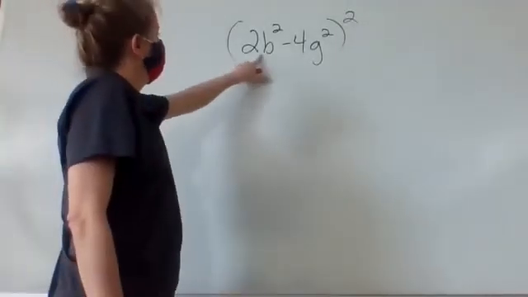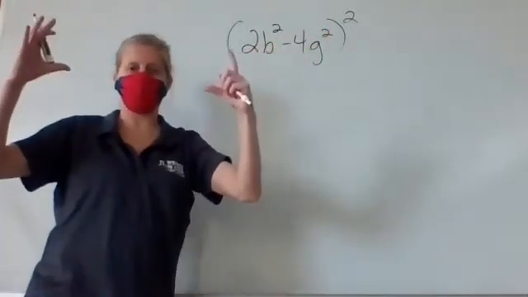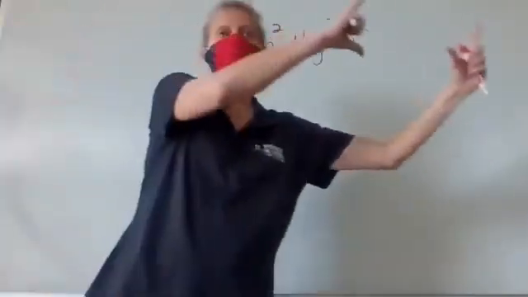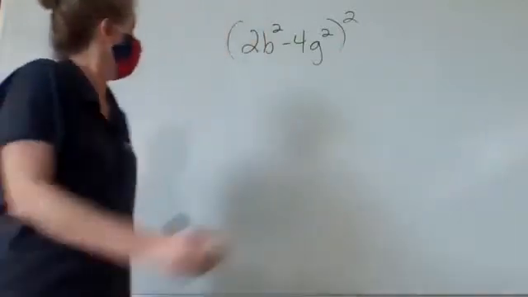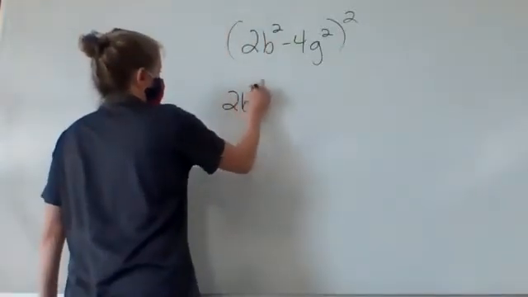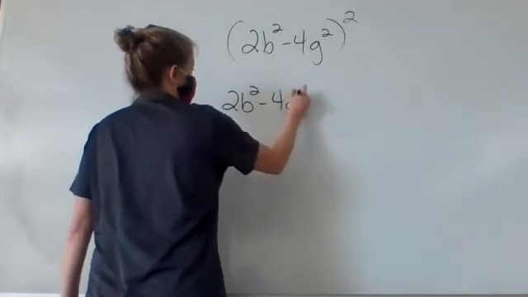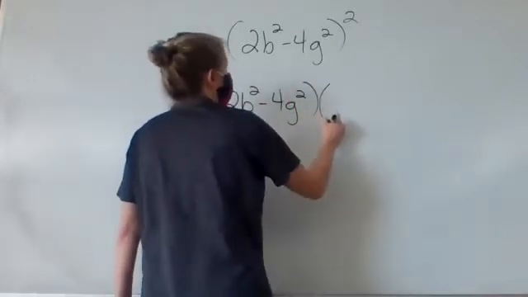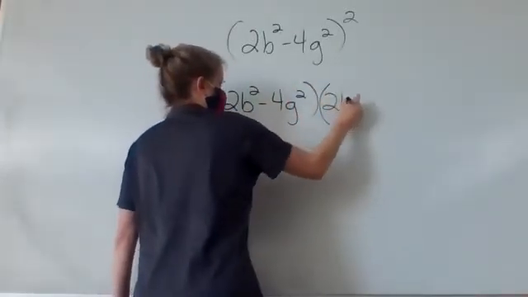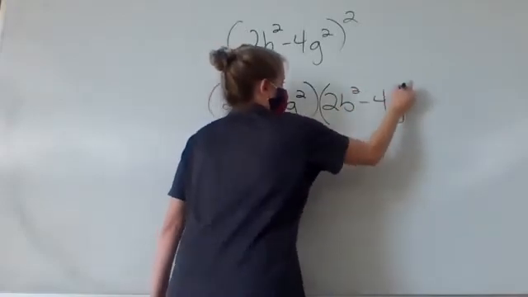If I'm squaring that parenthesis, that means I need to multiply that parenthesis times itself. So I've got 2b squared minus 4g squared times, just repeat it, 2b squared minus 4g squared.